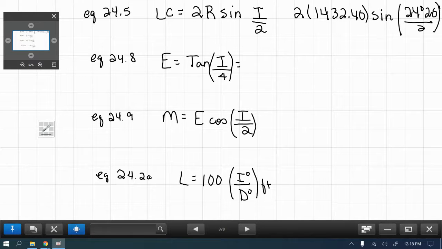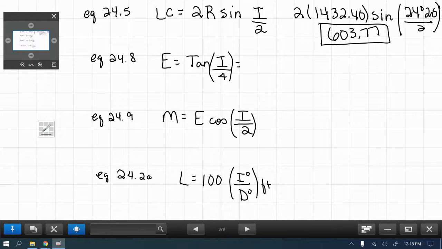Roughly you should get 603.77. What I'll have you do, it was 7.4, is maybe box in your answer when you're doing your test. Just box in what you get for your answer.